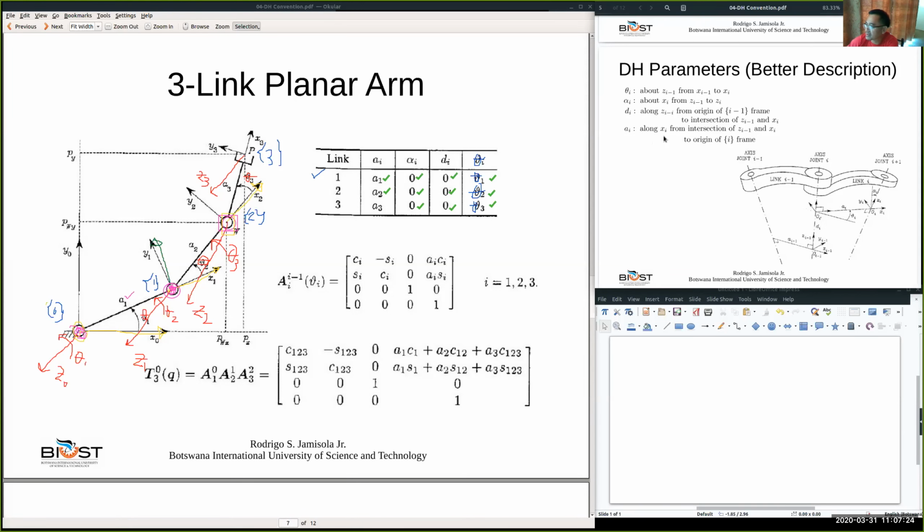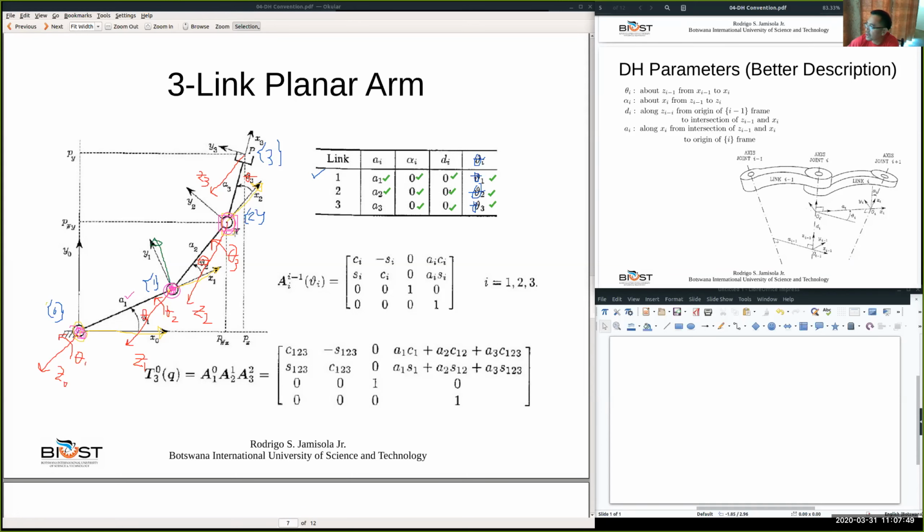So along X3, where is your X3? X3 is in that direction. Along X3 from intersection of Z2 and X3. So Z2 and X3. This is Z2 and that's X3. The intersection is here. So let's draw it one more time and then make it a different color. Okay, that is the intersection.